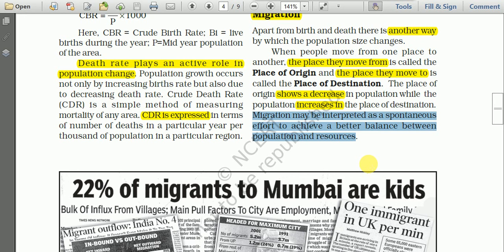If there are fewer resources in a particular region, then people generally move to other places where the resources are rich.